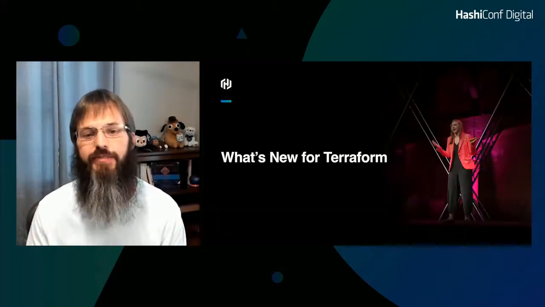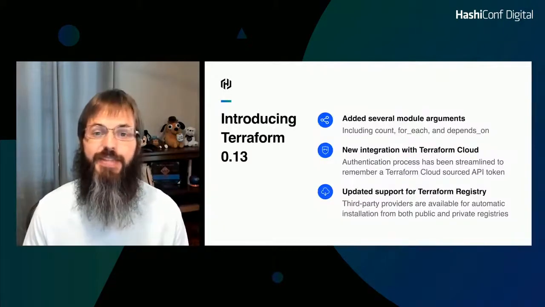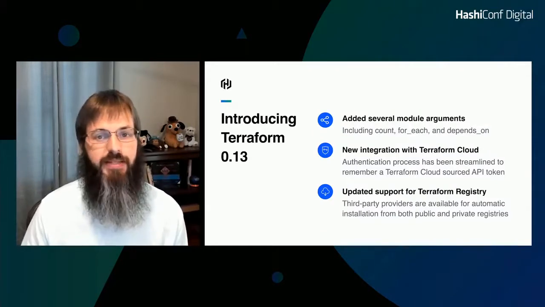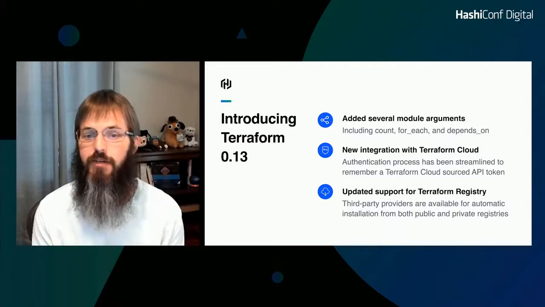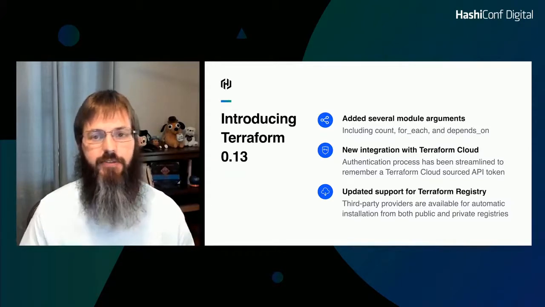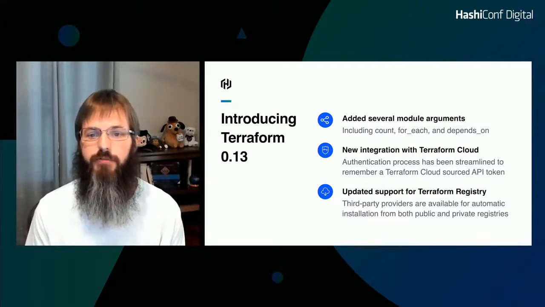Okay, so let's take a brief second to look at what's new for Terraform. As of this session recording, Terraform 0.13 has been released in beta form, meaning that you can head right out to the Terraform GitHub repository and get access to the beta code and give us all kinds of feedback on what you like and what you'd like to see more of.